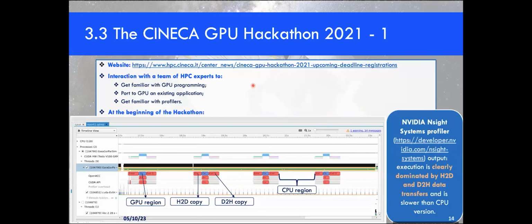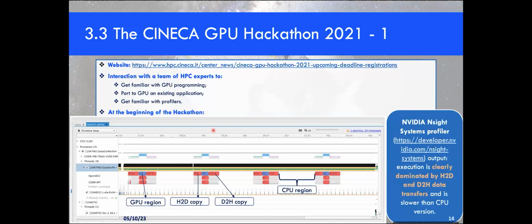The OpenACC porting of this code is the result of an online event, the Cineca GPU Hackathon 2021, where during this hackathon we had the opportunity to get familiar with GPU programming, port an existing application to the GPU, and get familiar with profilers.